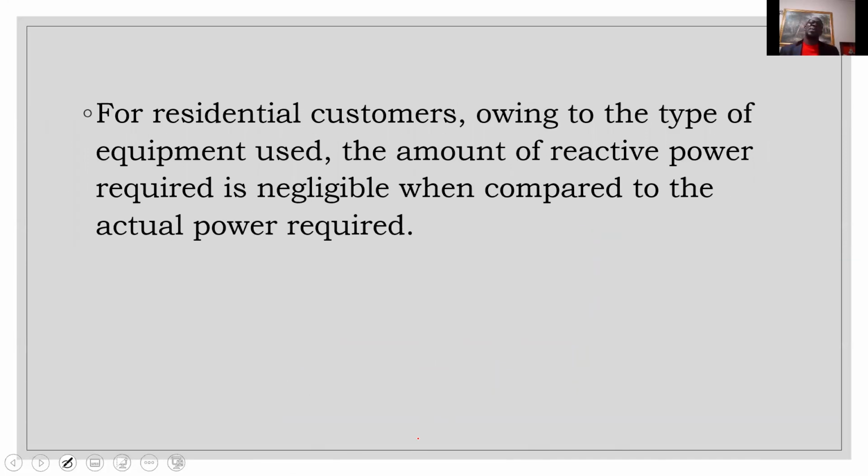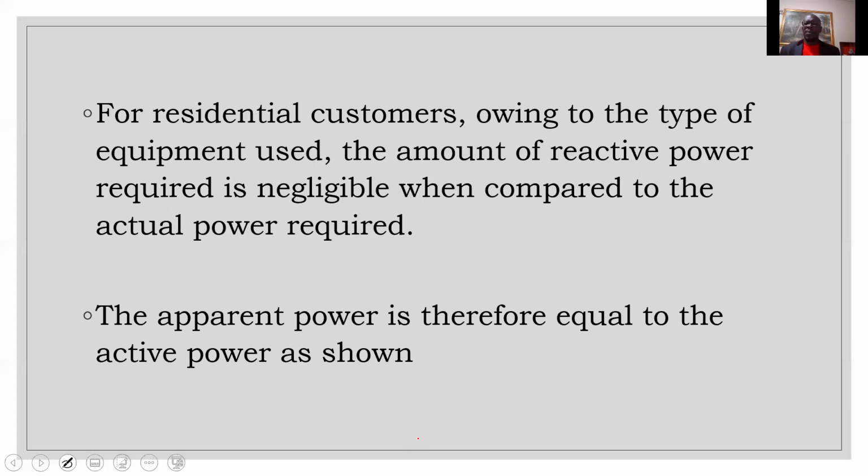Now, for residential customers, owing to the type of equipment used, the amount of reactive power required is quite negligible when compared to the actual power required. So the reactive power is almost zero.